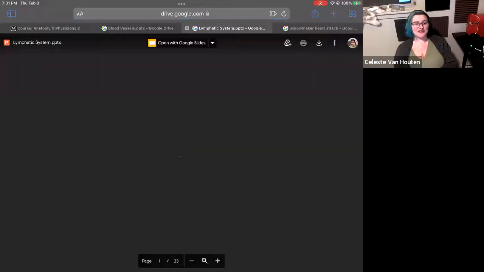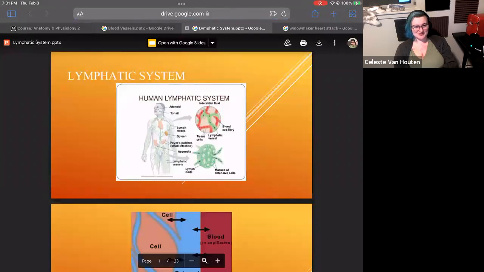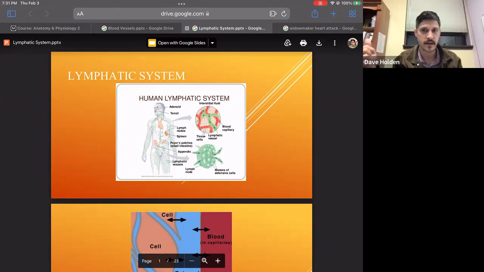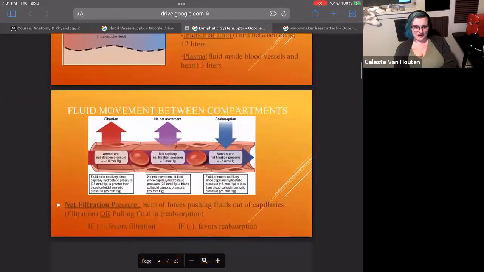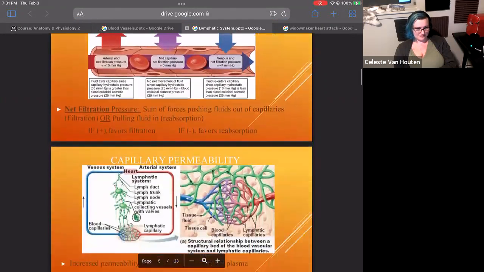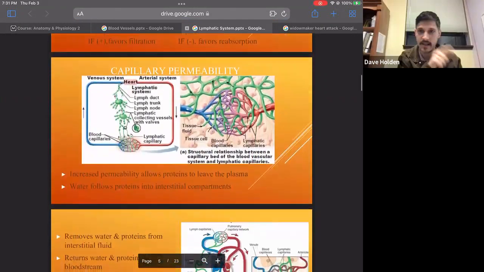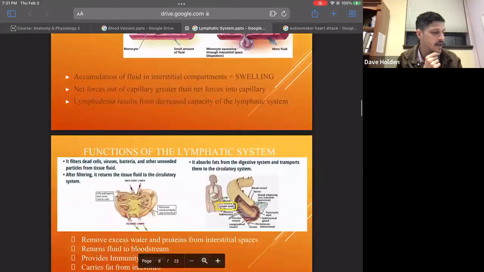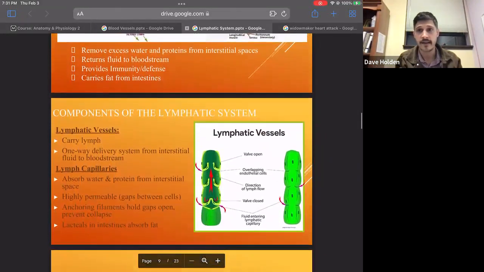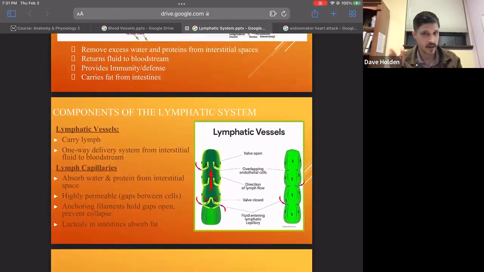The one for next week only has 20 pages as well as this one. Is it the same slideshow for the lymph and the immune one? Is it this exact PowerPoint for next week? Okay, because if it is, I'm not doing lymph tonight. I'll call blood vessels and we'll call it done.